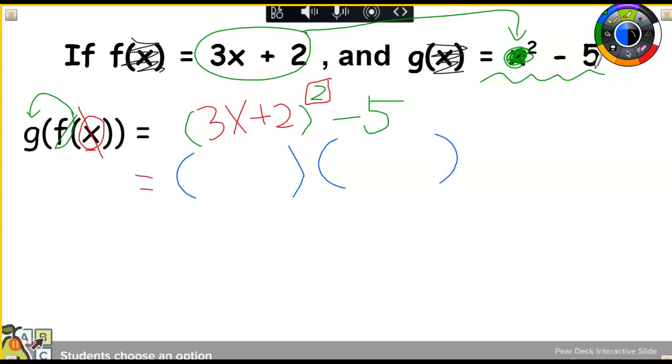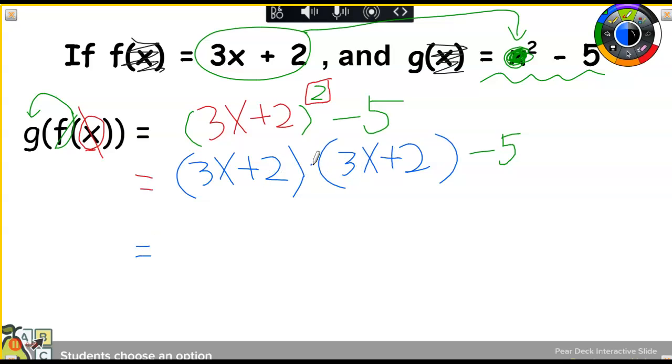And minus 5, copy it down because you haven't touched it. And inside of parentheses, you have the same thing, which is 3x plus 2. Okay, so here we get rid of the square first, and then keep getting rid of the parentheses.